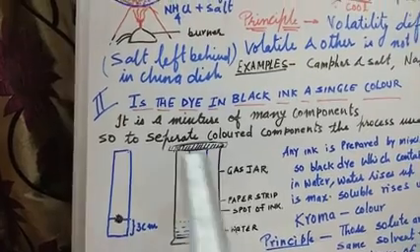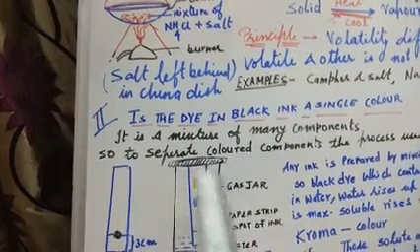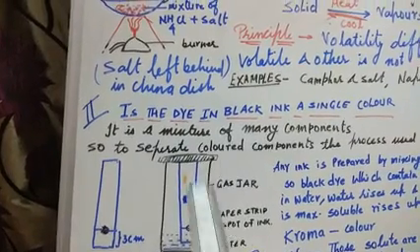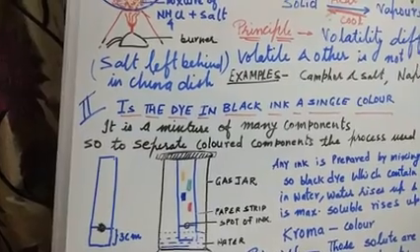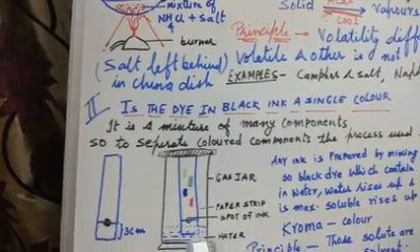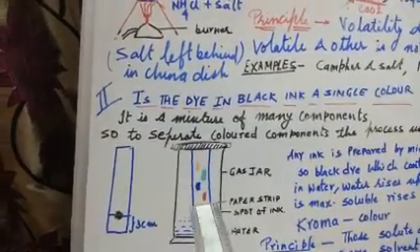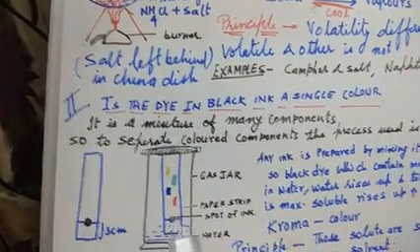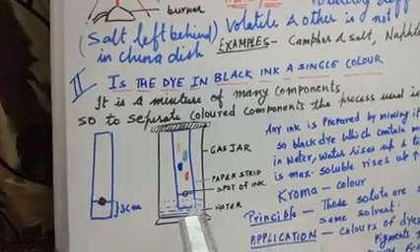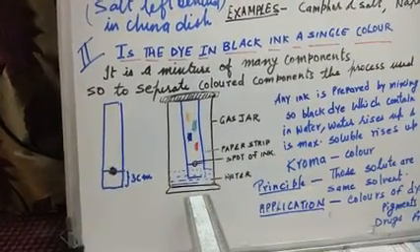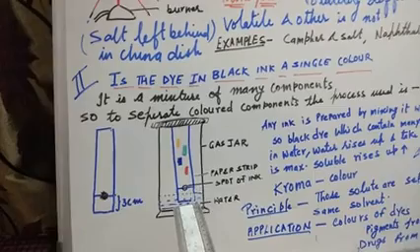We cover that gas jar with a glass lid, and then we allow this whole procedure to stand undisturbed for some time. We will observe that the water starts rising up on the filter paper.